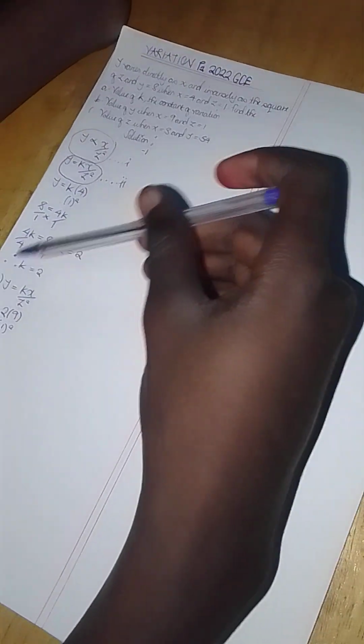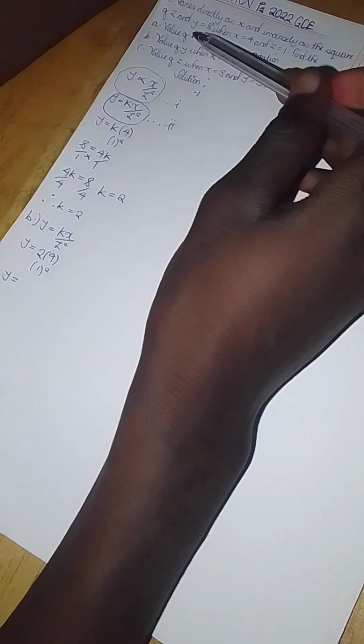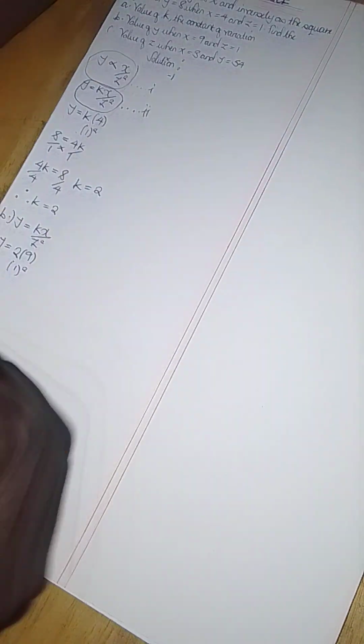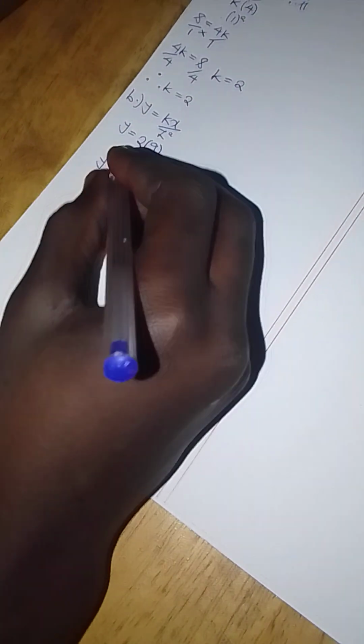Just for emphasis, whenever you are finding the questions after the constant, you use the variables that they give you in that question, not the numbers from the first question. So 2 multiplied by 9 is 18, over 1 squared, which is 1. So y equals 18.